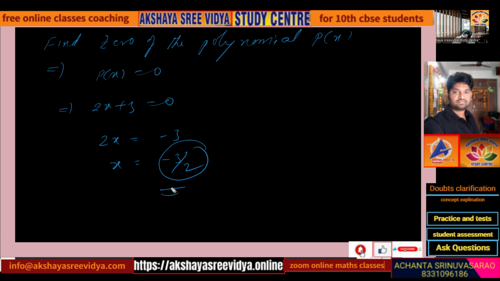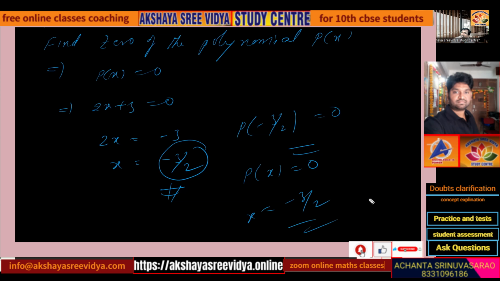This is the zero of the polynomial. P of minus 3 by 2 is equal to 0.